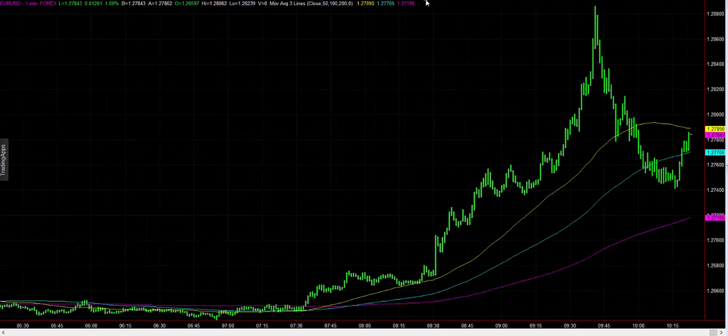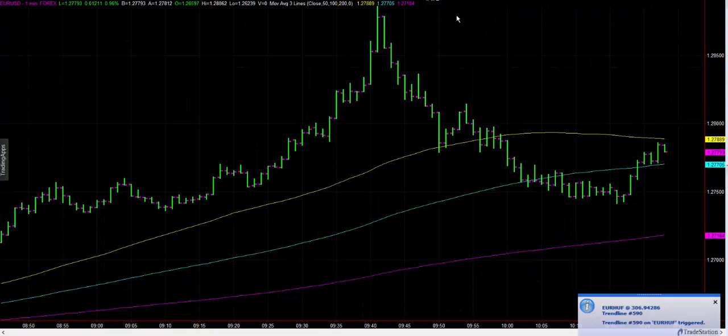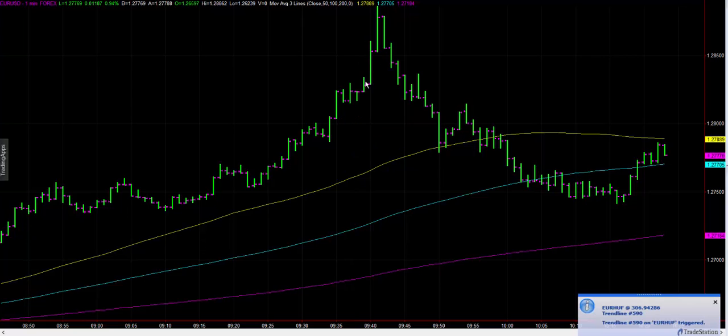When we do so, we can see how the 128.58 area was impacted. That level, of course, is right around here, and we can see that stops were hit above that area. So that is proof that the markets are focusing on these key technical levels.